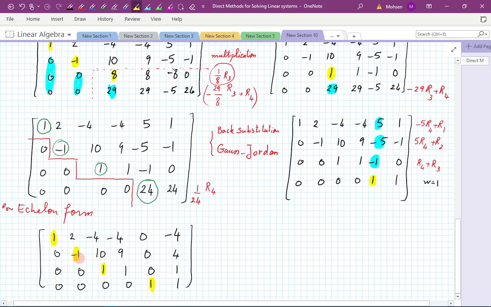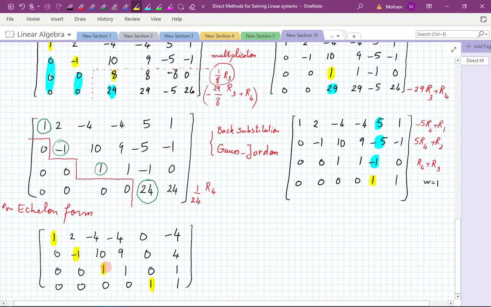First non-zero entry of each row, these are our pivots. Crucial thing is that this is not a pivot. You cannot use this thing to eliminate these entries, because you're going to destroy the other zeros you have created. So if you try to add this to that, then you're going to lose the control of this one.